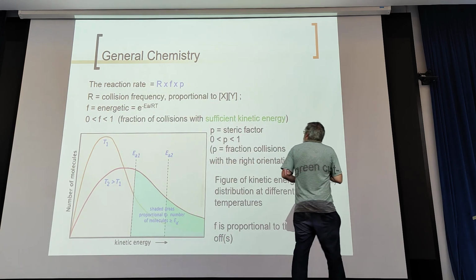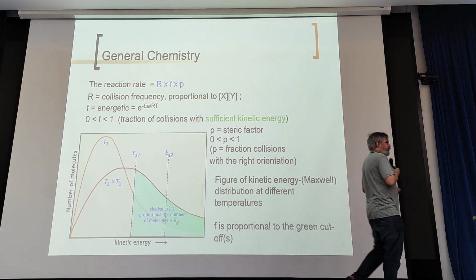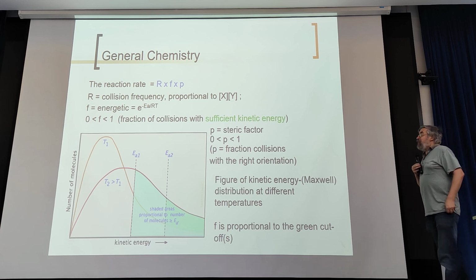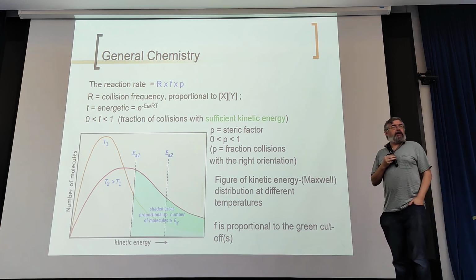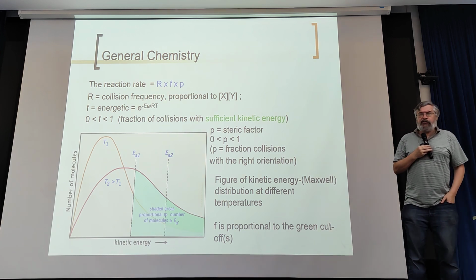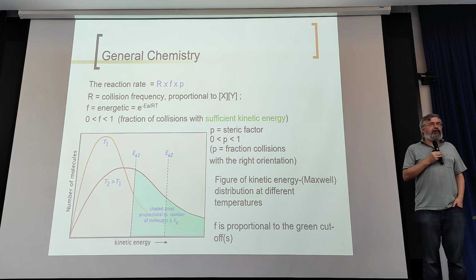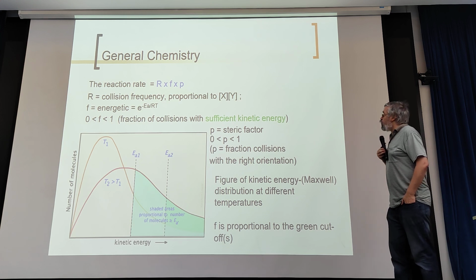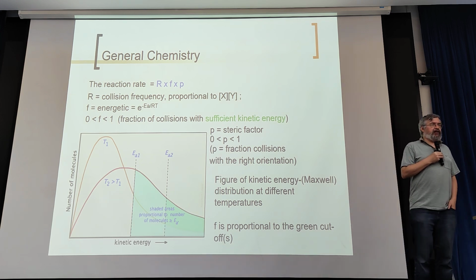Then there's a second factor, F, which is the so-called energetic factor. You recognize this term because it's the same exponential term that you also had in the Arrhenius law. This is the fraction of the collisions that have enough kinetic energy.